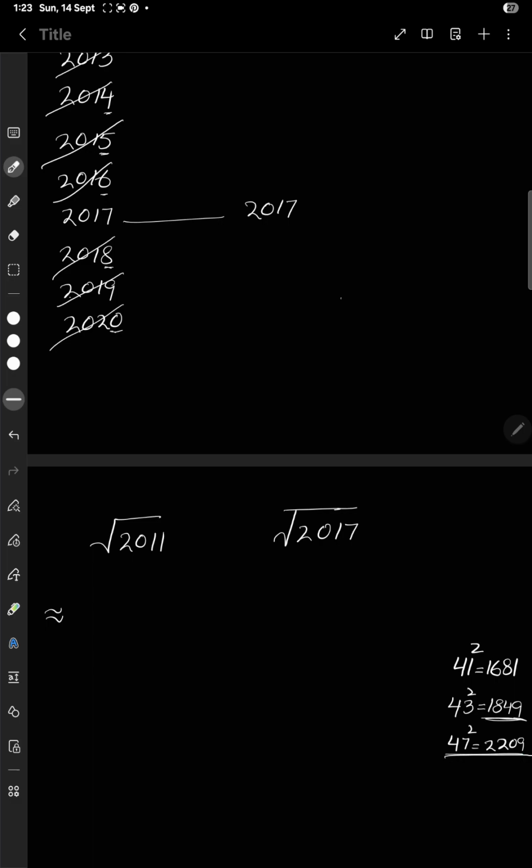This number is closest to both of these numbers, 2011 and 2017. So yes, can I say that instead of 2011 I will write 1849, right? Because the same process will go for 2017 as well, and I will write 1849 because it is a perfect square.